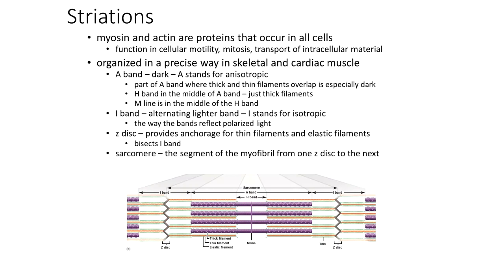So basically, the center of this picture is one sarcomere. Between the two Z discs, you have everything going on. And again, it's because of the alignment of the thick and the thin filaments and what's where that gives it this different coloration or this striping.